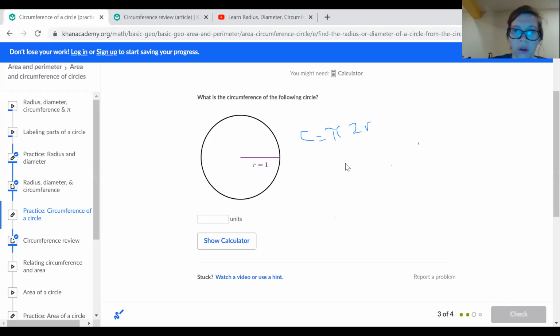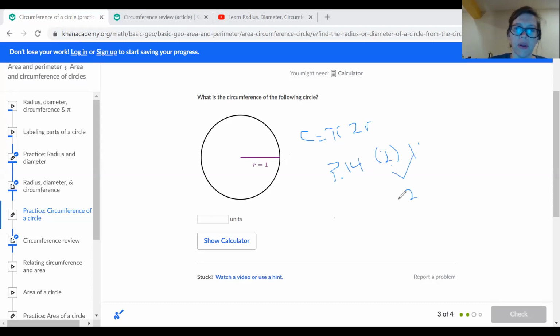All right, so pi we know is equal to 3.14. We're going to multiply 3.14 times 2 times r. In this case, r is 1, right? So hopefully you got that. To finish it up, 2 times 1 should give you 2, right?